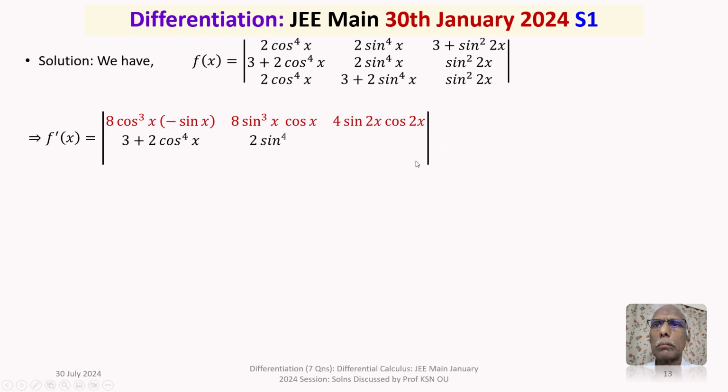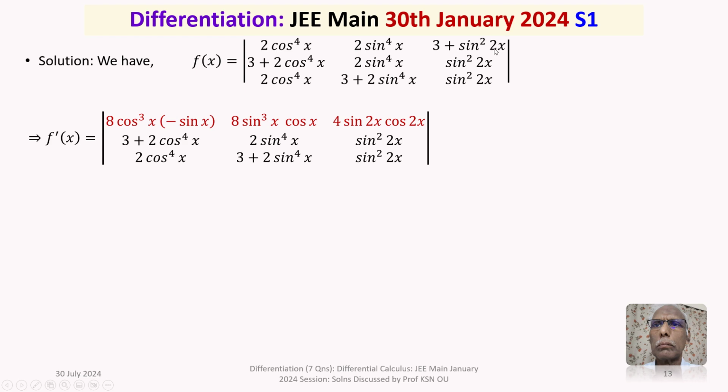So f prime x, as I have already told you, is the sum of 3 determinants. In the first determinant, the first row is replaced by the derivatives of the entries of f of x. The derivative of 2 cos to the power of 4x is 8 cos cube x into minus sin x. The derivative of 2 sin to the power of 4x is 8 sin cube x cos x.